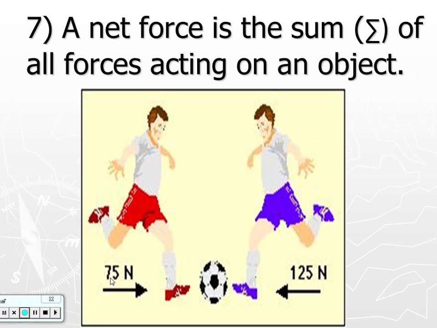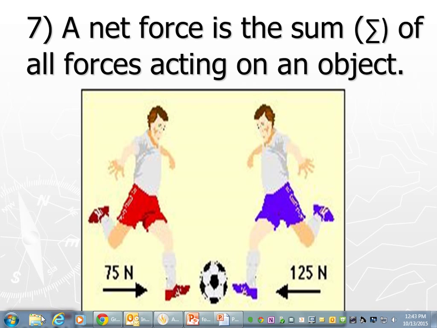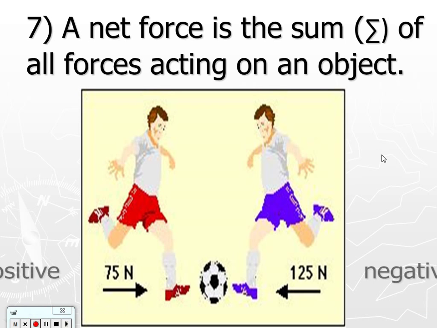And in terms of 75, should be positive. So if we want the net force, we take the sum of those 2 numbers, keeping in mind that 75 is positive, 125 is negative. So if you have negative 125 plus 75, what is your net force? Negative 50, right? And that's how you do net forces. Does that make sense? It doesn't? Just add them, sum.